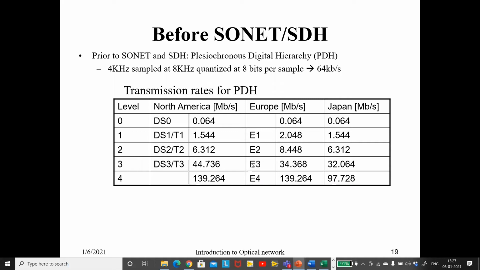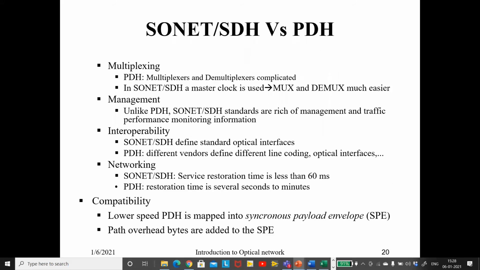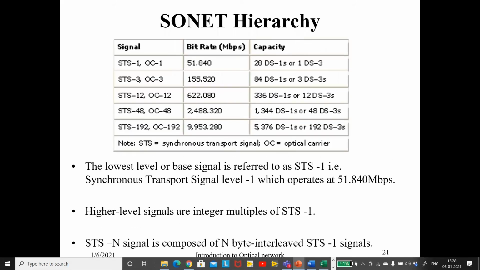Now, before SONET, I said there were existing transmission bit rates, that is DS0, DS1, DS2, DS3, and similarly European standards were E1, E2, E3 and E4, which are nothing but certain bit rate values that we need to actually remember when we are doing our multiplexing.